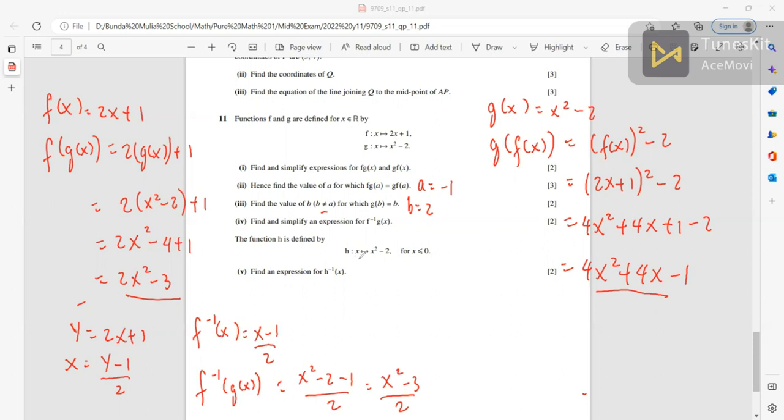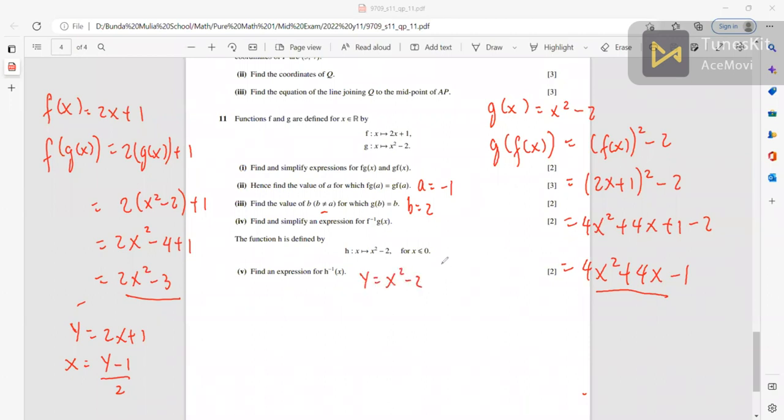And then we have the function h now. Find an expression for h inverse. So for h inverse, we have x squared minus 2, so y equals x squared minus 2. We have to make it become completing the square. Oh no, we do not need to complete the square. We can move this minus 2 directly to there.